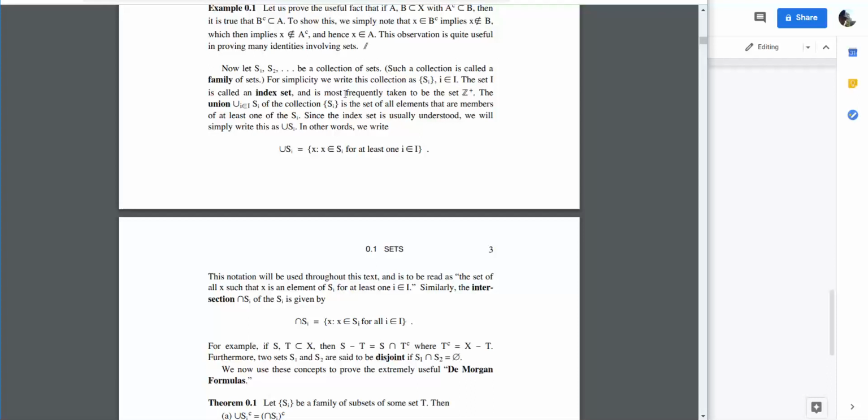In this case, the i is called an index set because the elements of this set are what's used to label the collection of sets here.